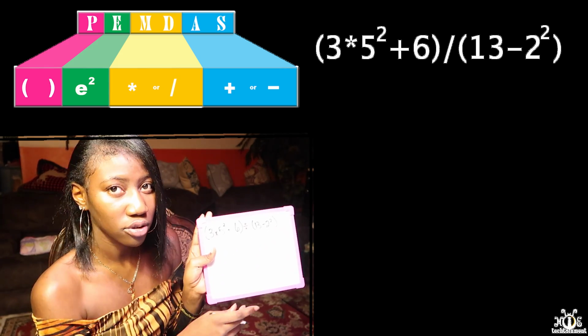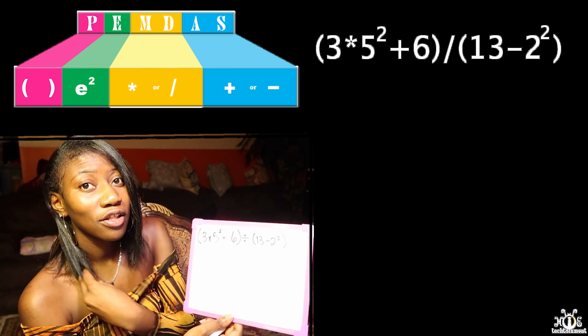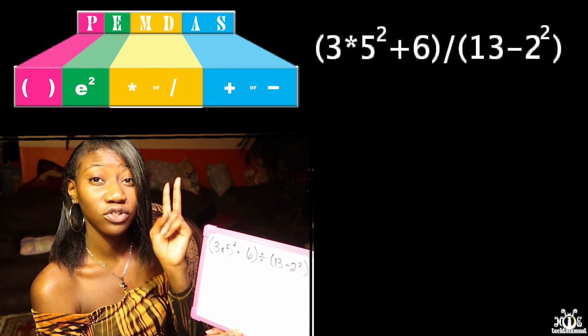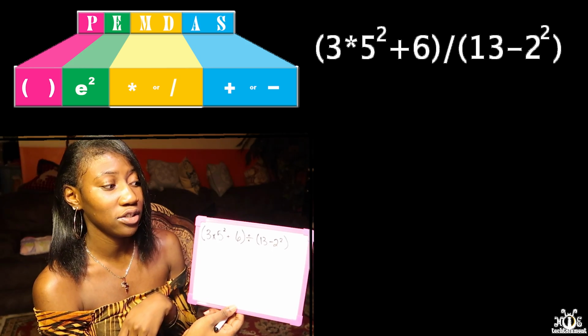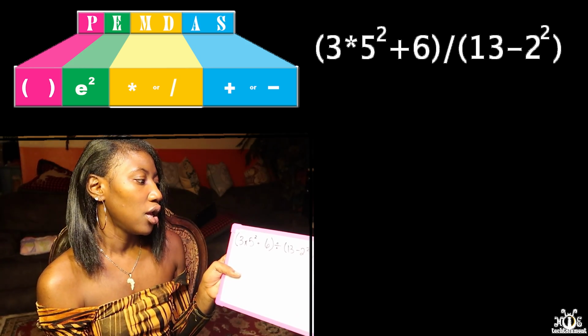Right? So, where do we start first? Parentheses. Now, because we have 2 sets of parentheses, we have to see which one is closer to the left, and then we'll just start with everything over there, right?